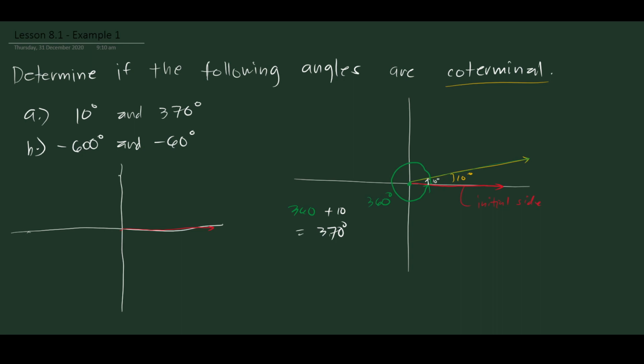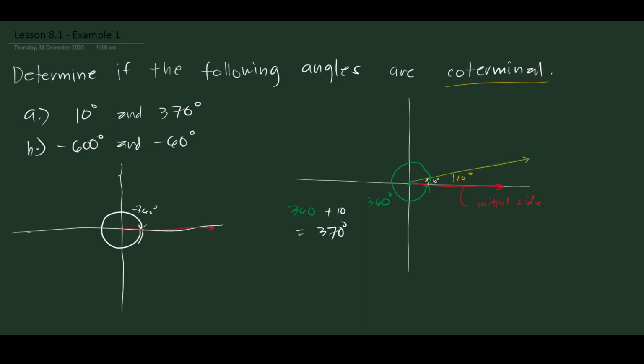Since this 600 degrees is greater than 360, it's like going 360 degrees right here, and then 600 minus 360 would be 240, right? So this is negative 360, and we need another negative 240.